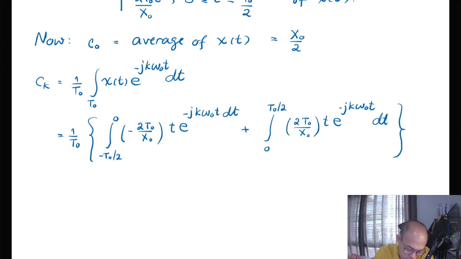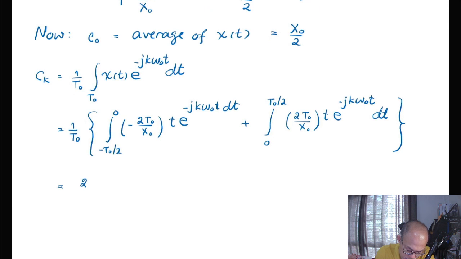Now I'm gonna pull these two factors out, so I will have 2 divided by x0.